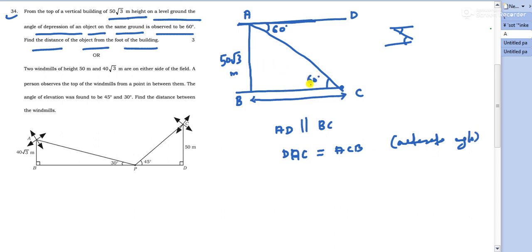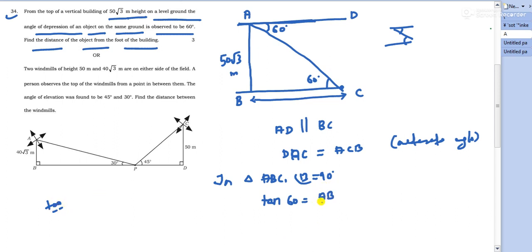Now if you look at this triangle ABC, angle B is 90 degree, correct? So we can use tan theta. Tan 60 degree is equal to, what is tan? It is opposite by adjacent. What is opposite?